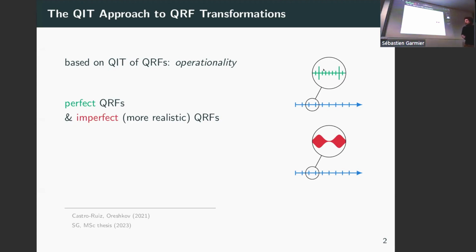So it should be said that before I started working on this, there was already a framework for perfect quantum reference frames and transformations between them that also used the QIT approach to quantum reference frames. And when I started doing research in this field, one of the first things I worked on was trying to extend this framework to imperfect quantum reference frames. And this is one of the things I'll tell you about.